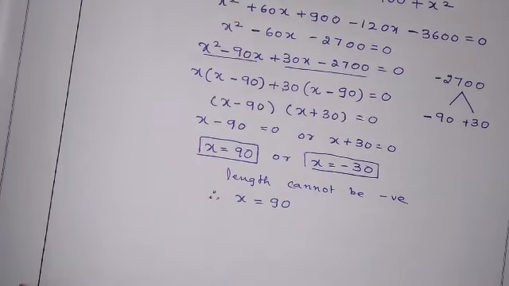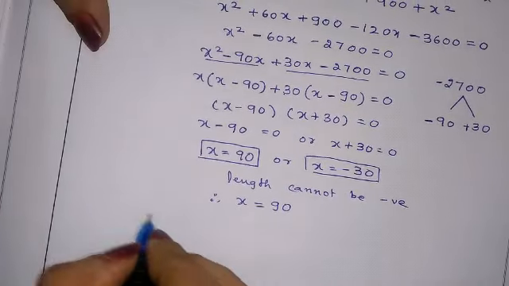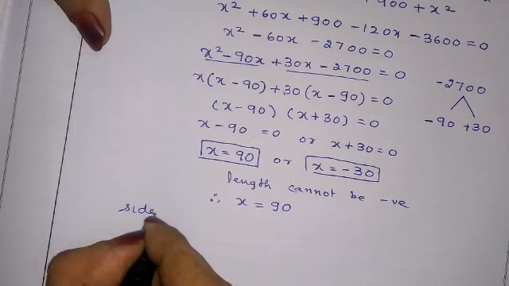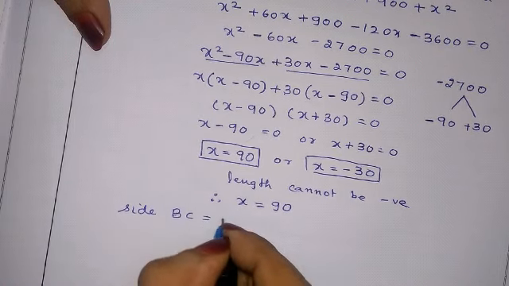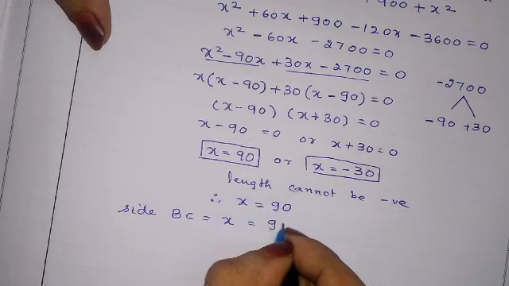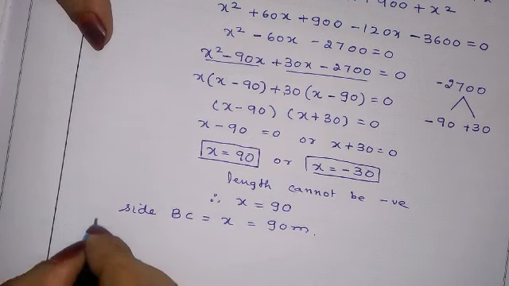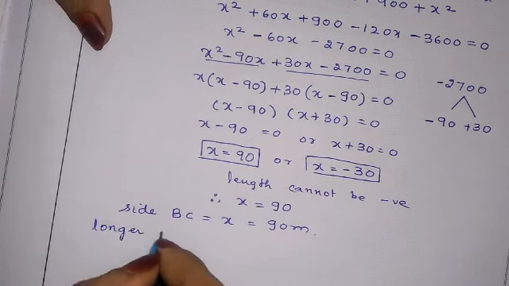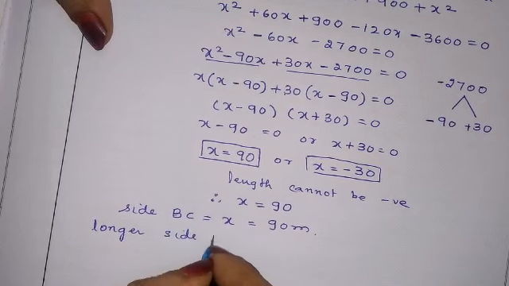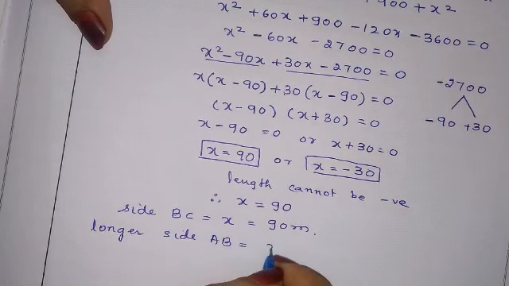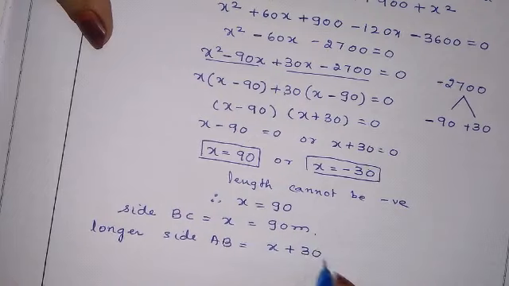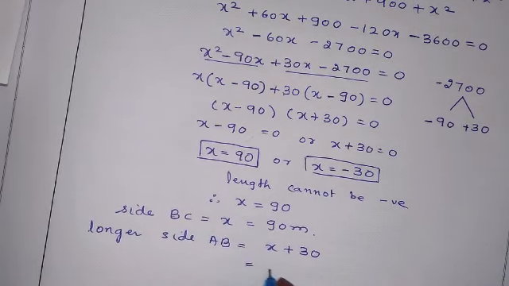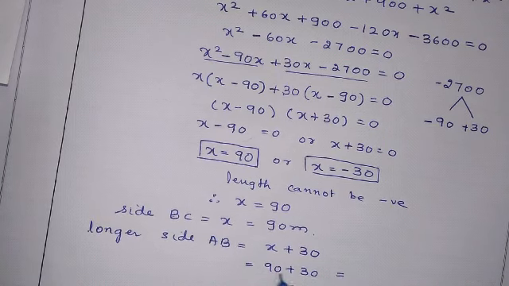Let us find the sides they have told. So side BC is equal to x, that is 90 meter. Longer side AB is equal to x plus 30. So x is 90 plus 30, that is 120 meter.